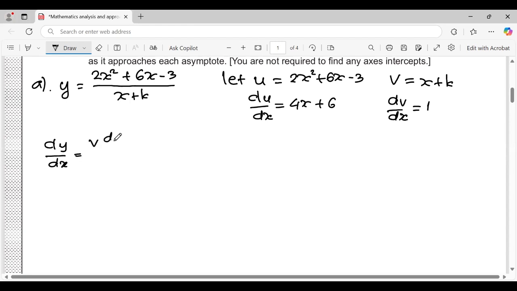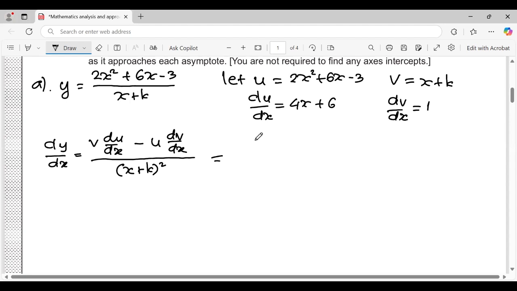equals v du/dx minus u dv/dx over x plus k squared.